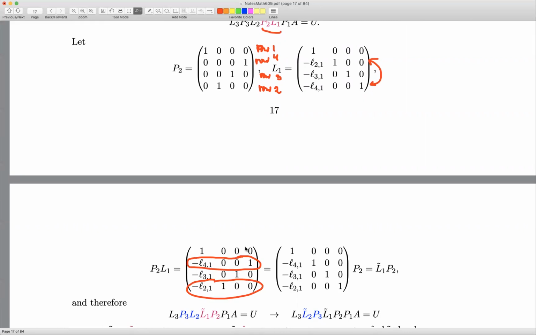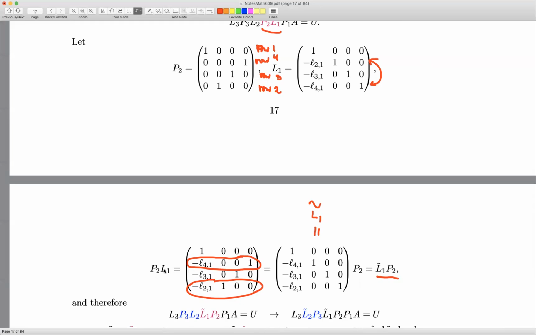So the claim is that if we take this matrix, which we denote by L1 tilde, then the product of P2 and L1 is the same as the product of L1 tilde and P2. Note that P2 and L1 do not commute.